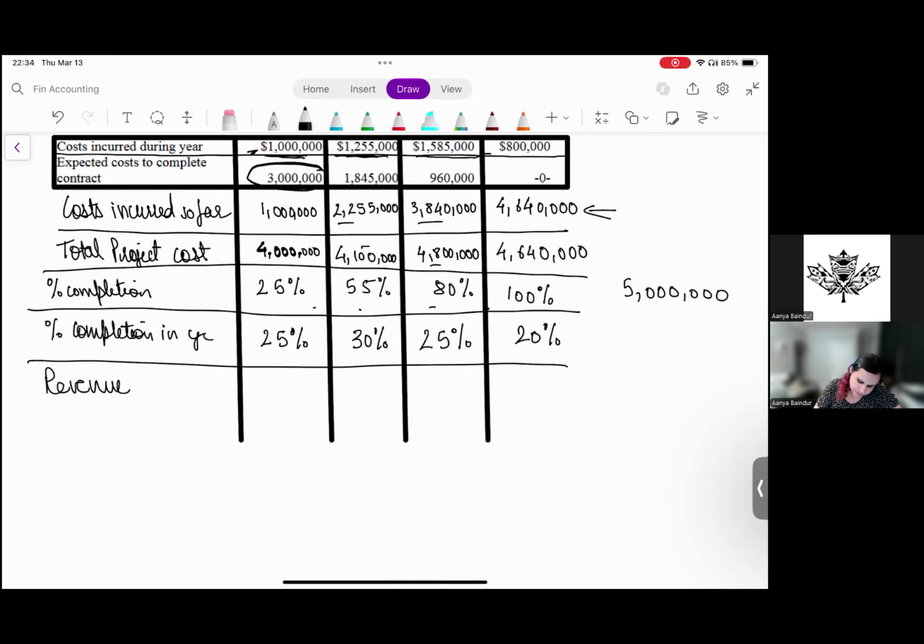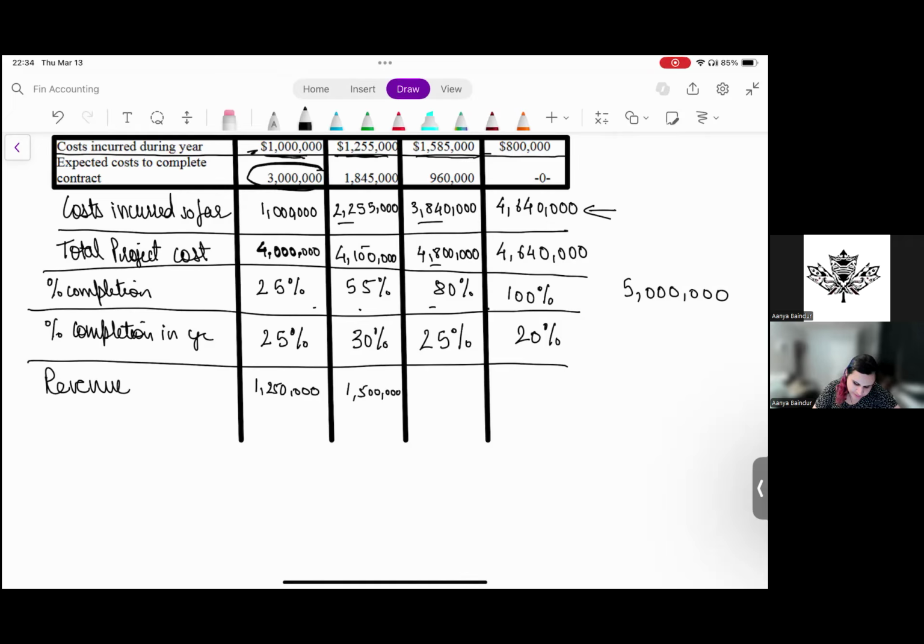Revenue. First we take 25% of 5 million, which gives us 1,250,000. Next, you take 30% of 5 million, which gives you 1,500,000.